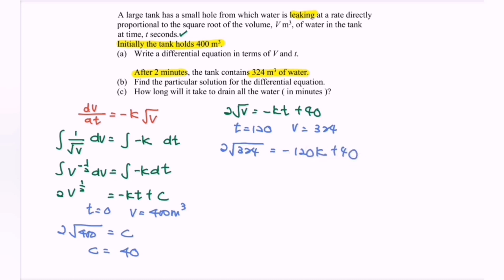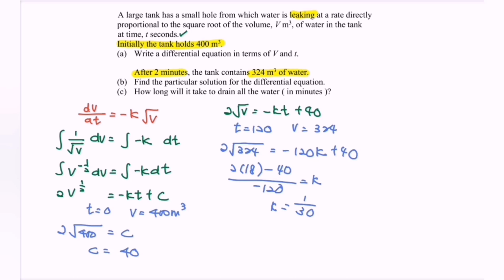So in this part, we have 2 multiplied with 18, which is 36, minus 40 over negative 120, which is equal to k. So k is equal to negative 4 divided by negative 120. So our answer will become 4 over 120, then it becomes 1 over 30.